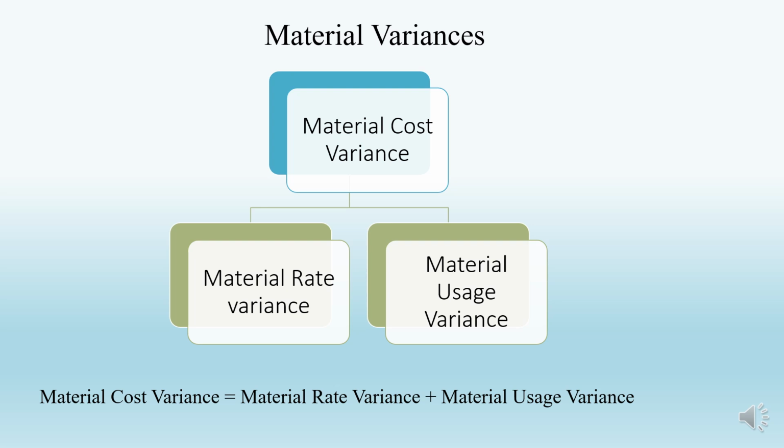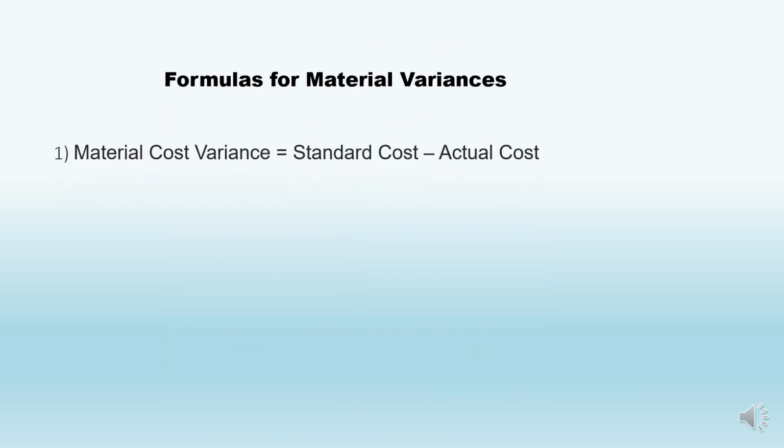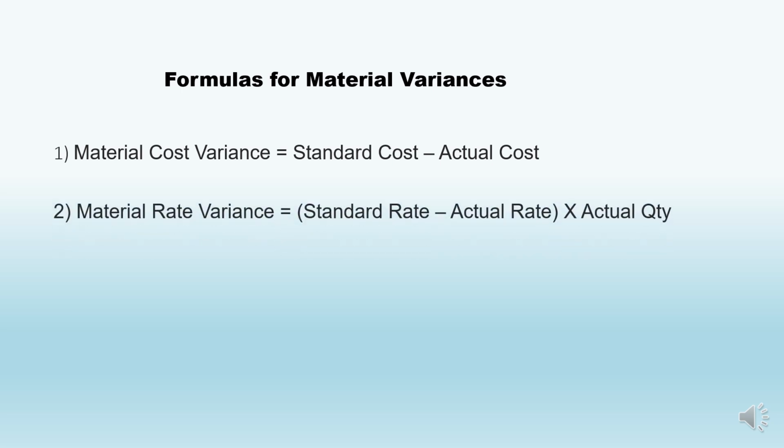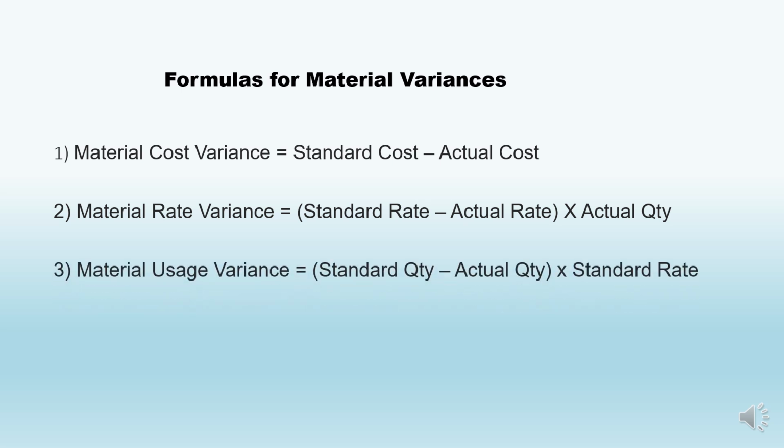If you are able to prepare the standard and actuals tables, then the formulas for variances: material cost variance is defined as standard minus actual. The rate variance formula is standard rate minus actual rate multiplied by actual quantity. And usage is standard quantity minus actual quantity multiplied by standard rate.